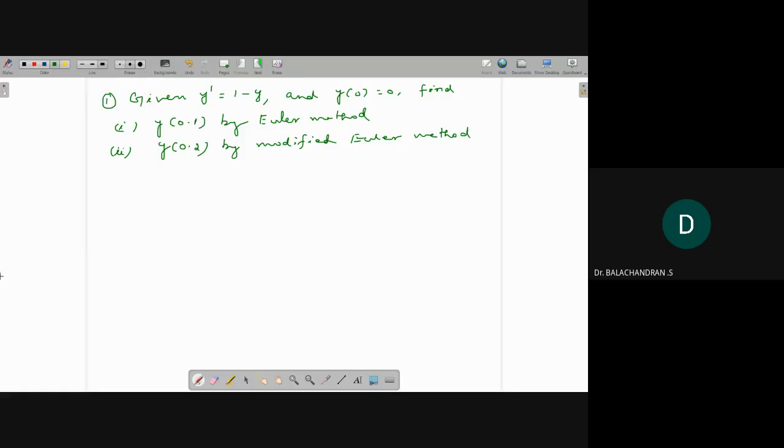Then subdivision 3: y of 0.3 by improved Euler method.